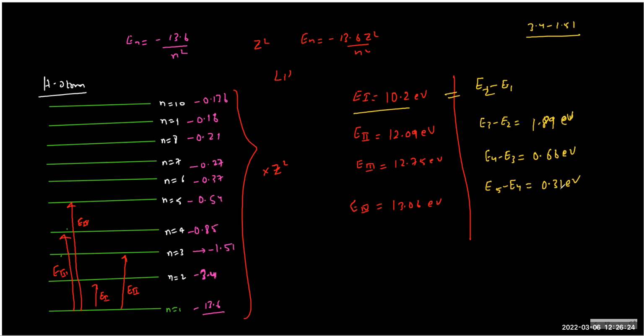Of course these are the Lyman, Balmer series. That part is covered in chemistry, so I'm leaving this part. Do you want the series part to be done here? Lyman, Balmer, Paschen, Pfund, Humphrey. Yes, sir, it's fine. So you know the number of spectral lines released during the transition.